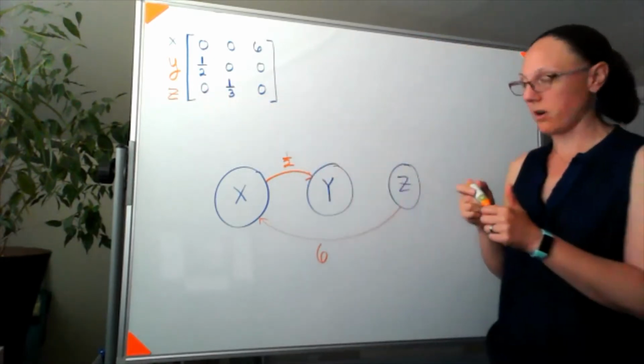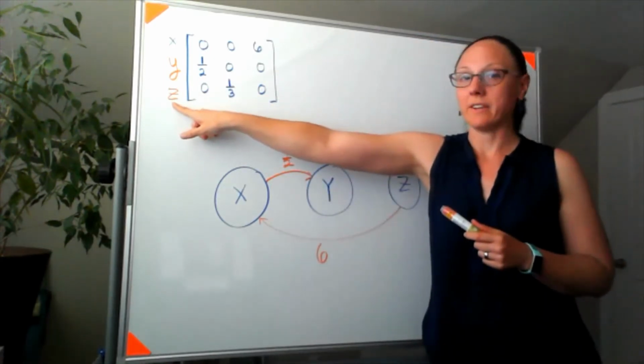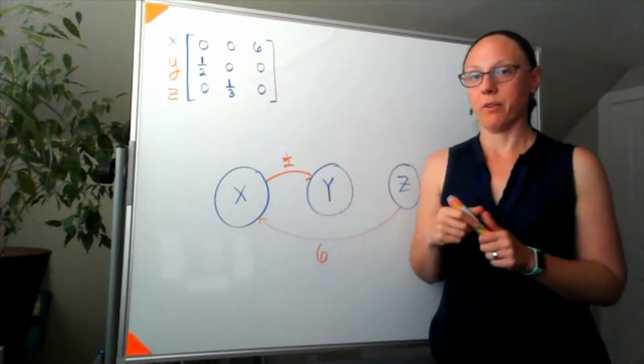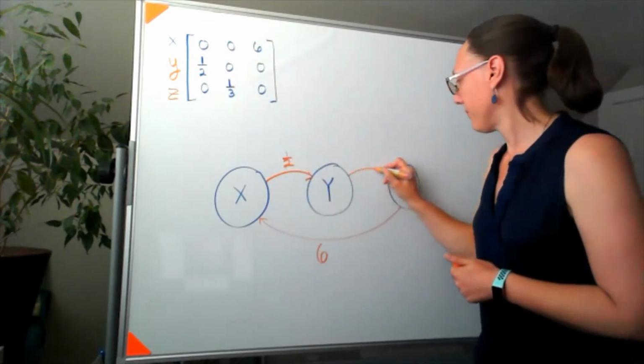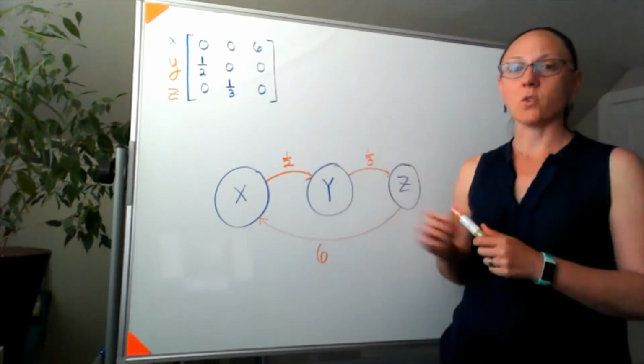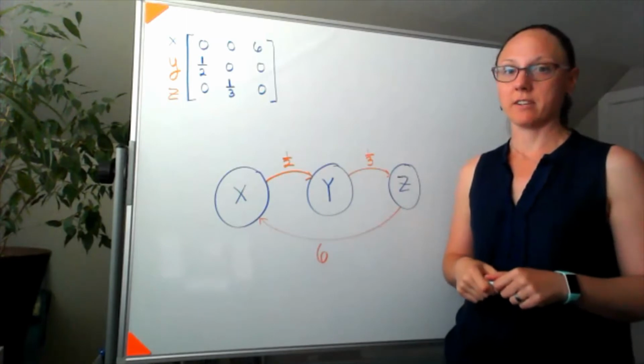And that bottom row tells me that there's a flow into Z from Y with a coefficient of 1/3. So that's what our diagram would look like for this.